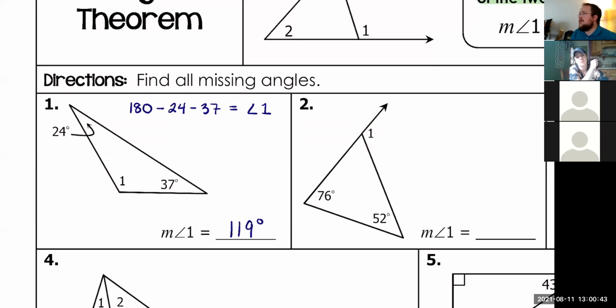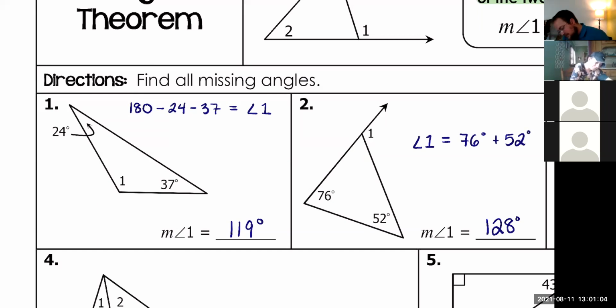It would be a more roundabout way. It would still result in the same solution. But in this one, what do you get? 128. 128 degrees. So just so we know what we're referring to here, the way we got that was from taking the 76-degree angle plus the 52-degree angle.